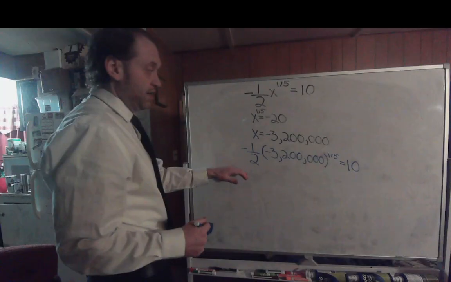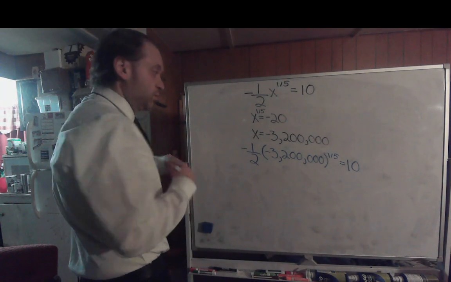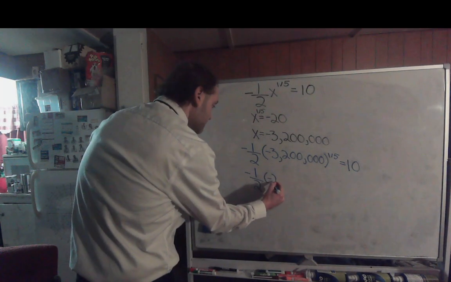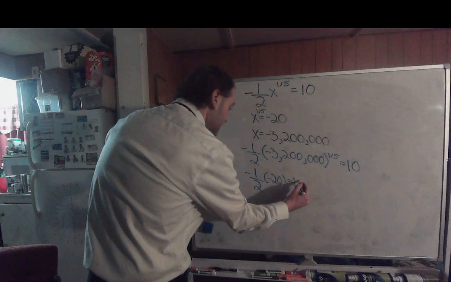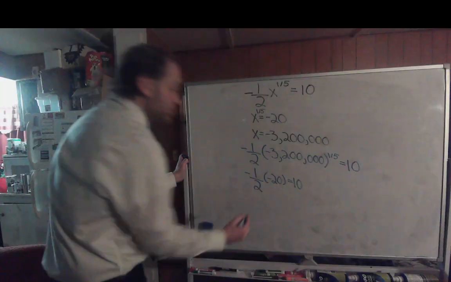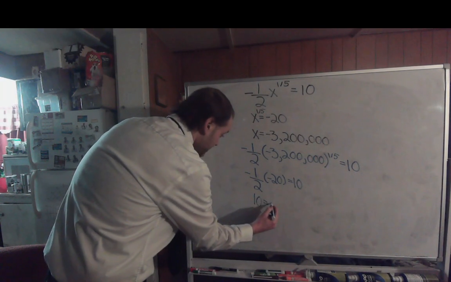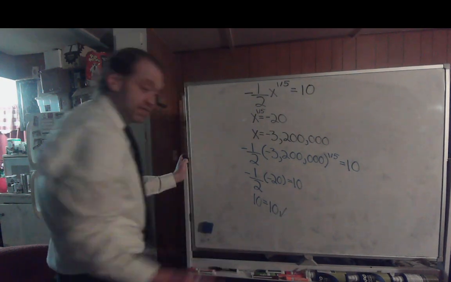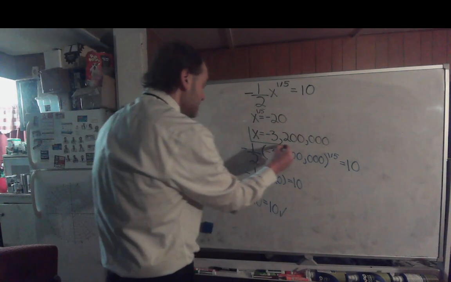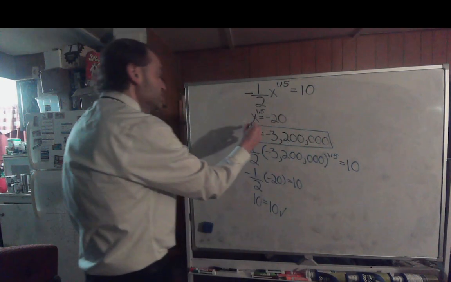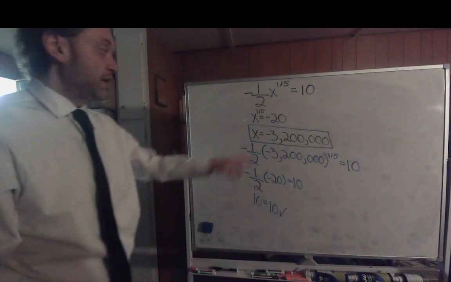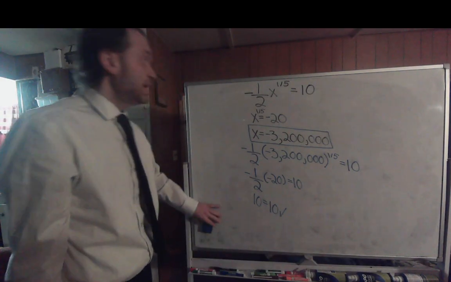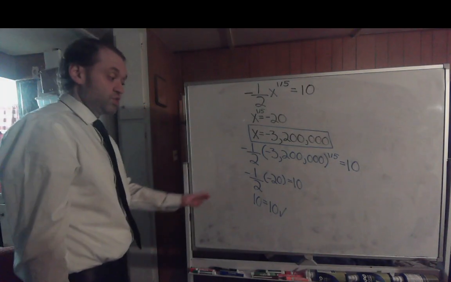Which we just found would be -20. So this would give you negative 1/2 of -20 would equal 10. Negative 1/2 of -20 is 10. 10 equals 10. So we have a true statement. This actually checks out. So x is the incredibly large negative number, negative 3,200,000. That's a big negative number, but that's exactly what the solution is.